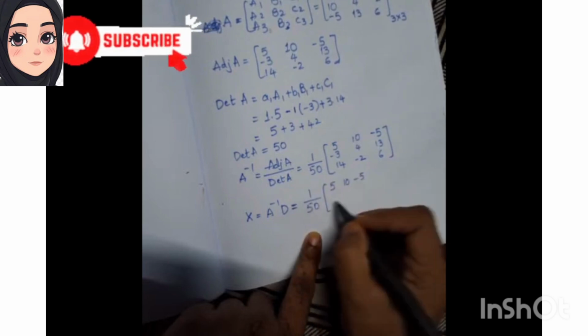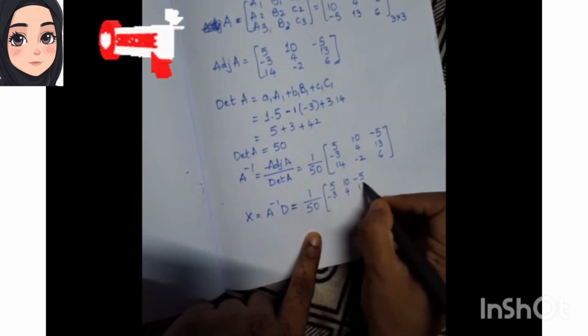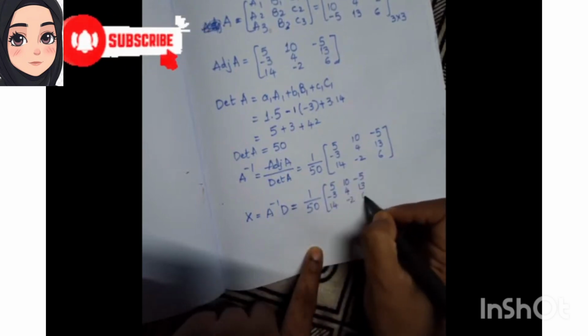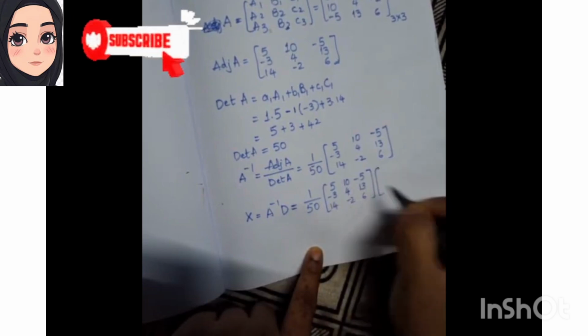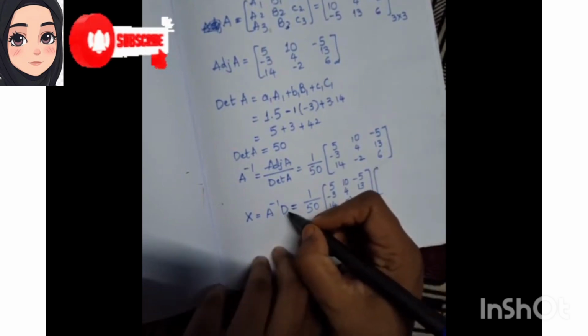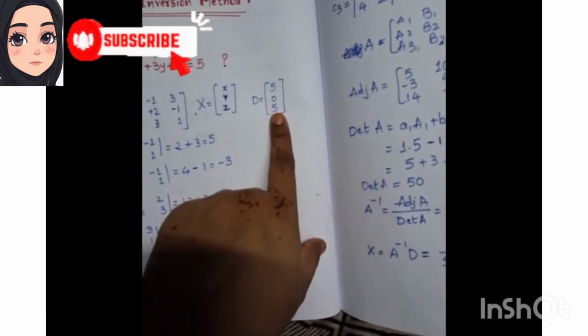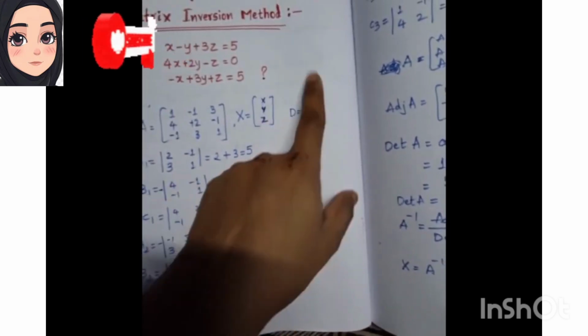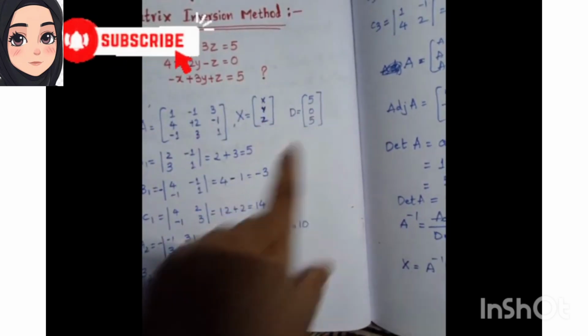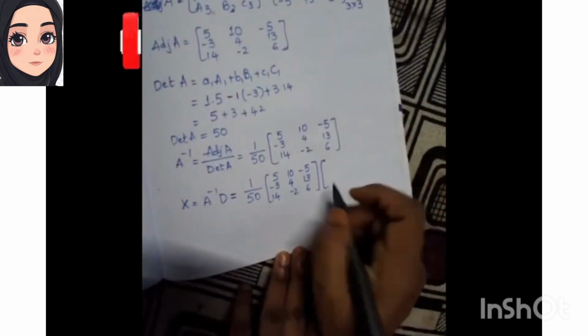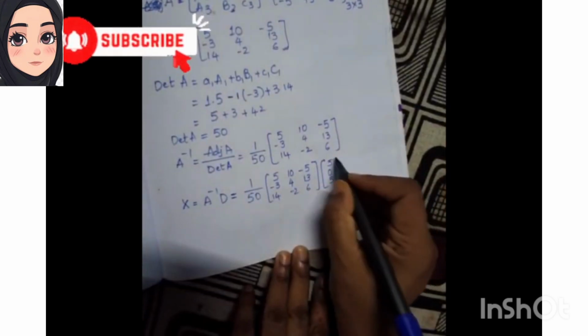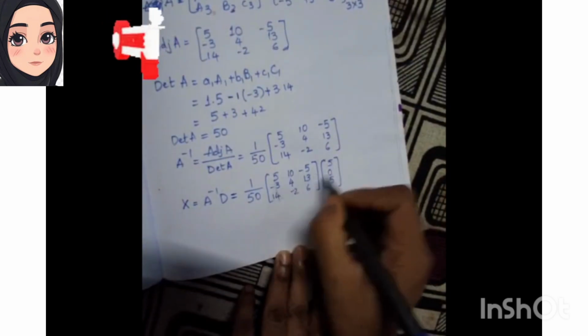Now we have to multiply all these values with this one. Now we get 1 by 50 into: 5 5s are 25 plus 10 zeros are 0. First row with first column, second row with first column, then third row with this column. Okay, we have to multiply and add.